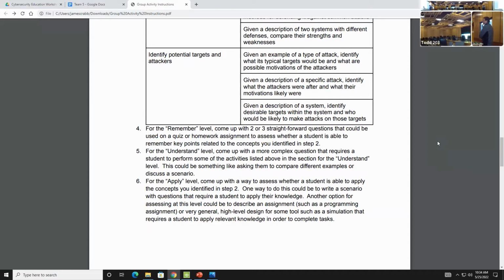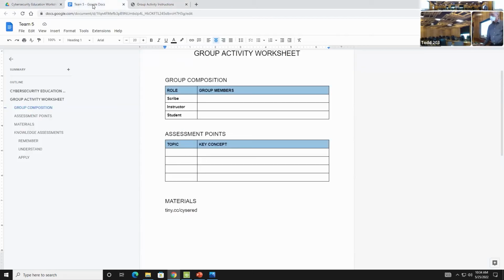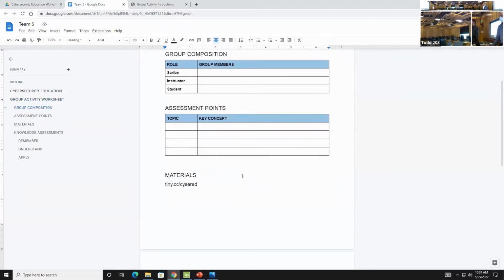So I guess the assessment points would just be the bit of knowledge you want the student to remember, to know, to be familiar with. Imagine you gave a lecture or class on something, and these were some points you covered in your lesson. Now you want to test the student to make sure they picked that up from what you taught them.